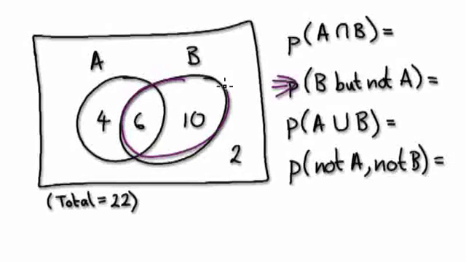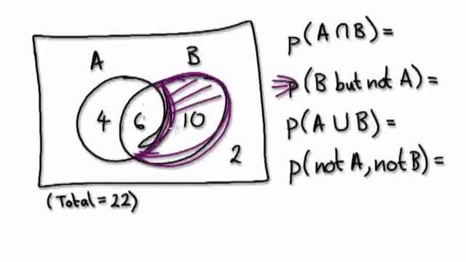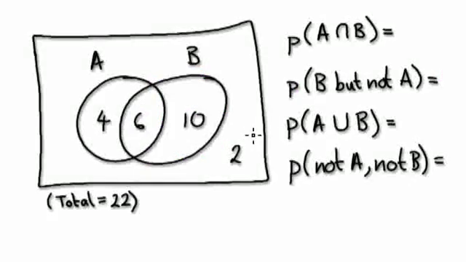Anything inside B is good, but you don't want A, so get rid of this. It's anything in this segment here, so it's just a 10. So B but not A would be 10 over 22.